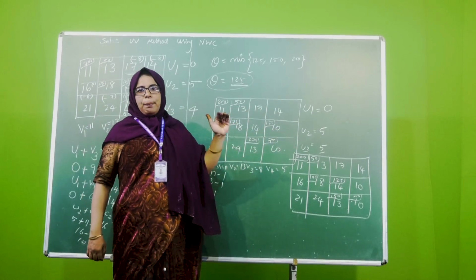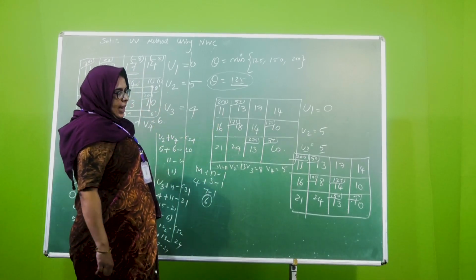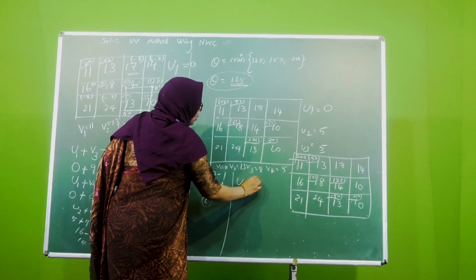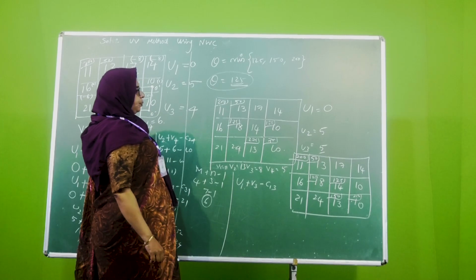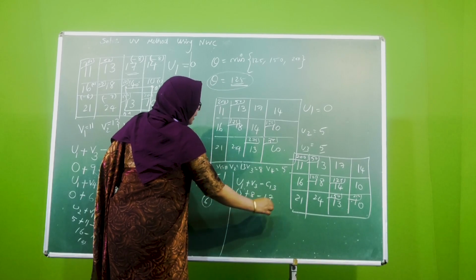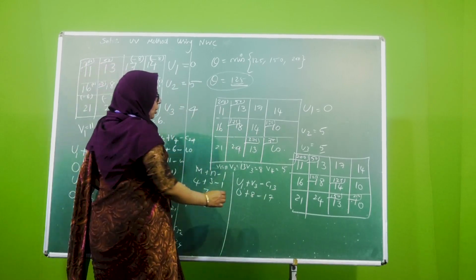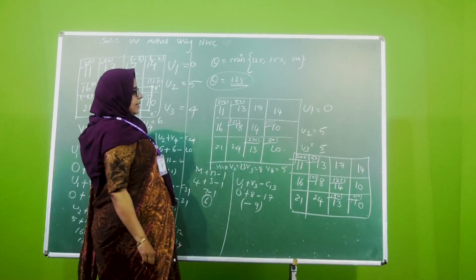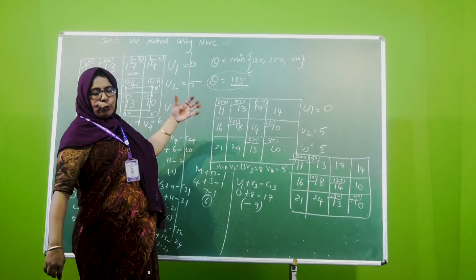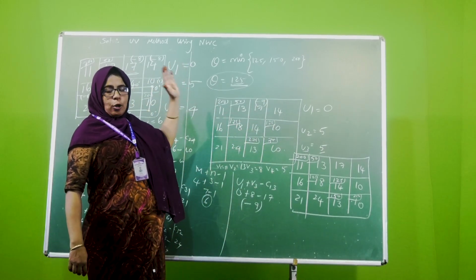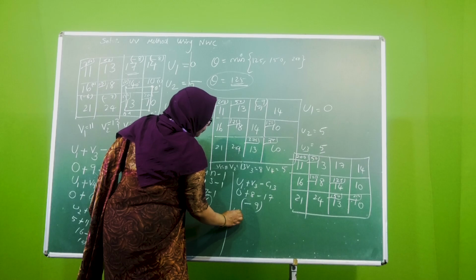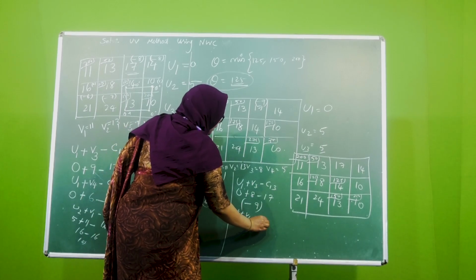Now we have to find the dummy values using the previous steps. That is u1 plus v3 minus c13. That is 0 plus 8 minus 17. Answer is minus 9. We have to follow only the negative values occurring in the dummy steps. Okay, next u1 plus v4 minus c14.